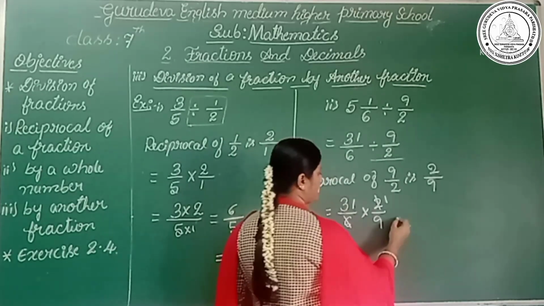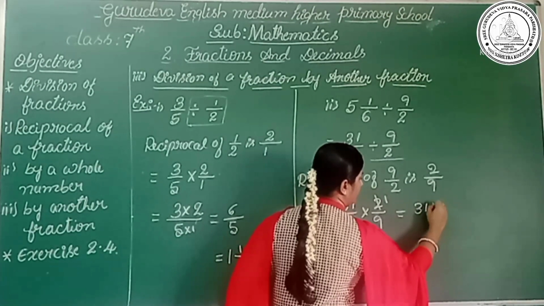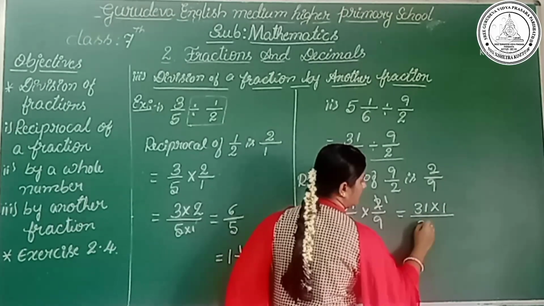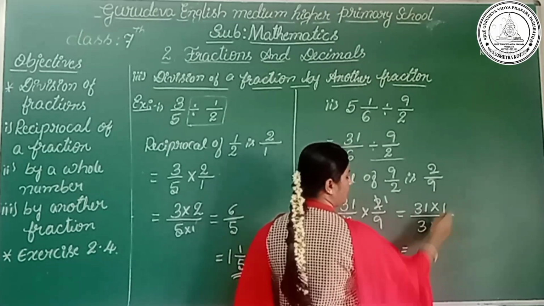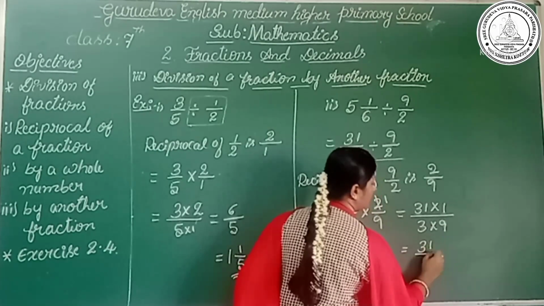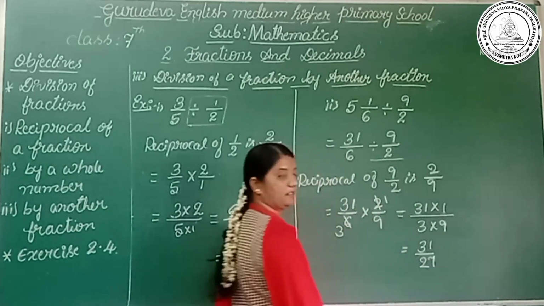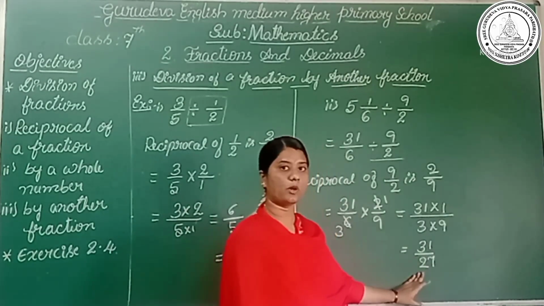Okay, so now write down numerator to numerator, that is 31 into 1, divided by 3 into 9. Which is equals to 31 1s are 31 and 3 9s are 27. So 31 by 27 is an improper fraction.